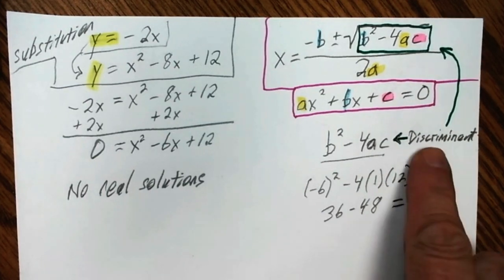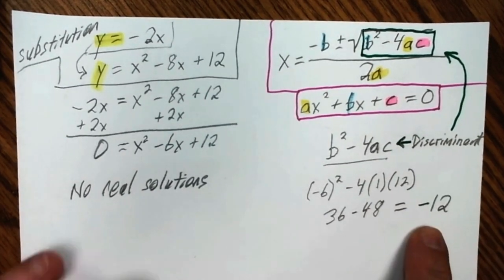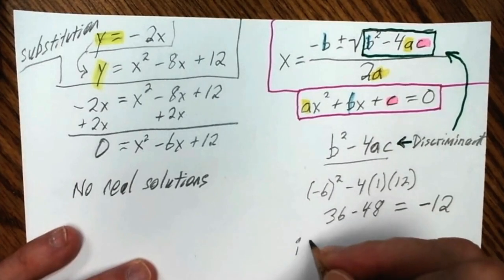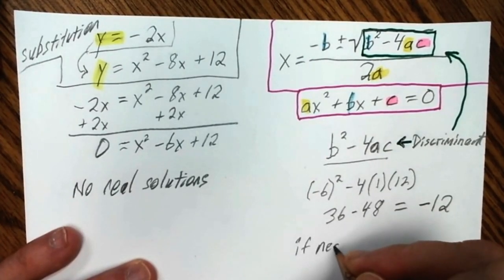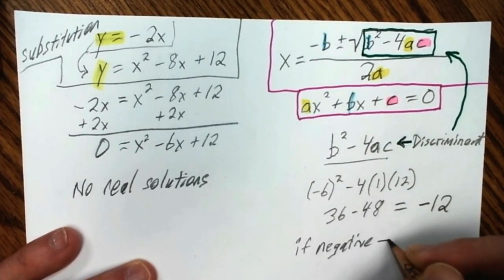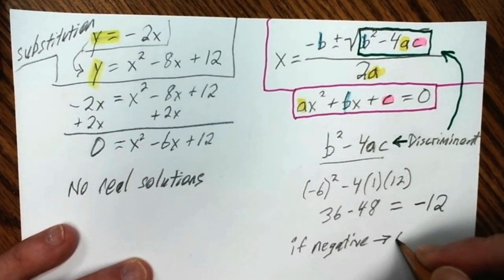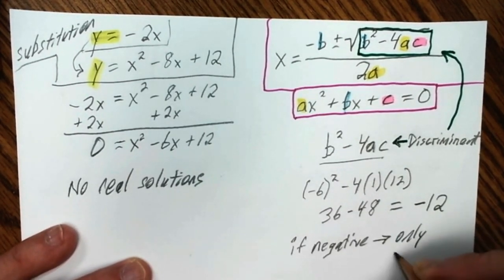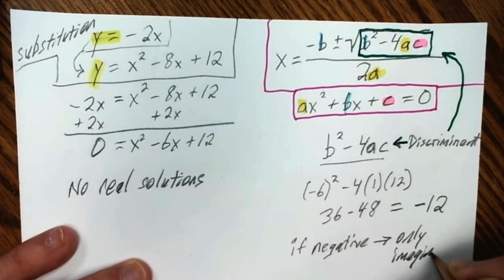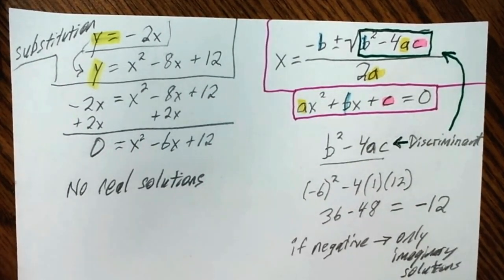The discriminant is a negative. If negative, it only has imaginary solutions. Only imaginary solutions if it's negative. What do you mean imaginary solutions?